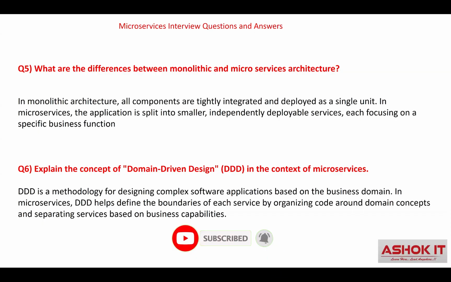Explain the concept of domain-driven design in the context of microservices. Okay, so this is an important point here. DDD is a methodology of designing a complex software application based on the business domain. It can be the banking domain, commerce domain, healthcare, or any other domain. We need to split that into domains and subdomains, and we need to know the boundaries of each and every service.